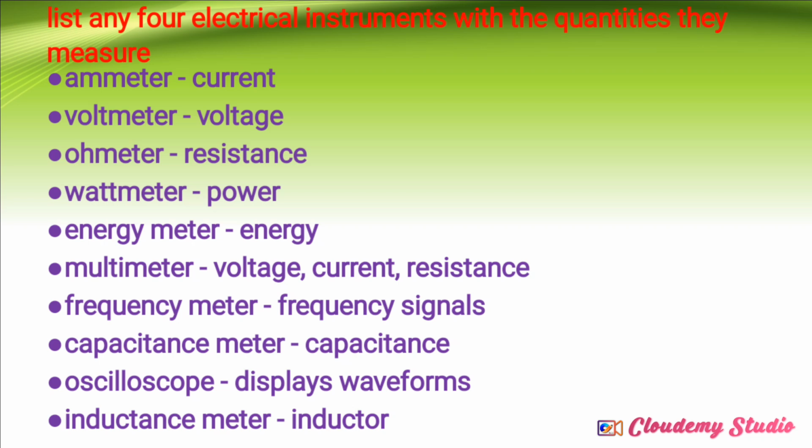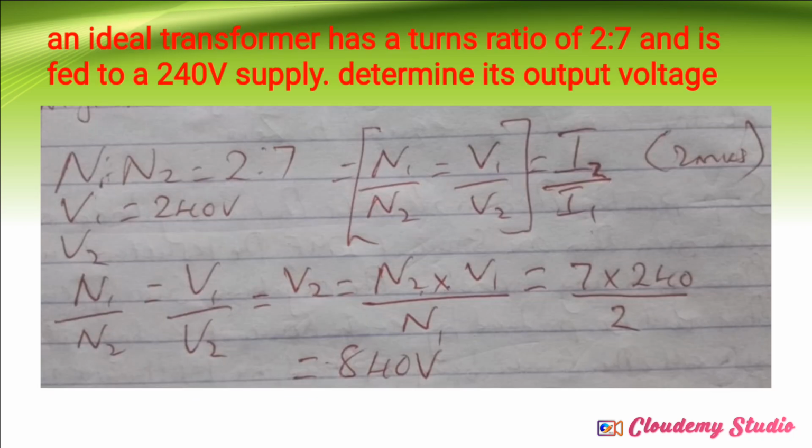And next we have an ideal transformer, that is a calculation. An ideal transformer has a turns ratio of 2:7 and is fed from a 240 volt supply. Determine its output voltage. If you are asked questions like this, I always encourage you, as I did in class, to always write the initial formula, the formulas that are used.